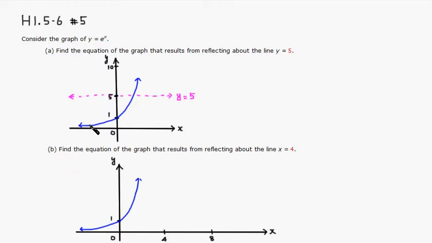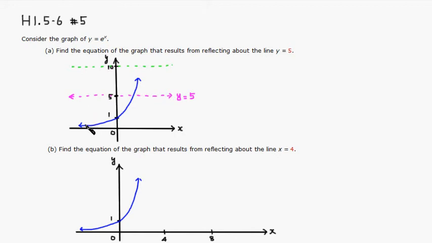We want to reflect the graph of y equals e to the x about this line. I'm going to add the horizontal line at 10 just for reference, because the x-axis would be reflected to 10. So we reflect this picture about this line.